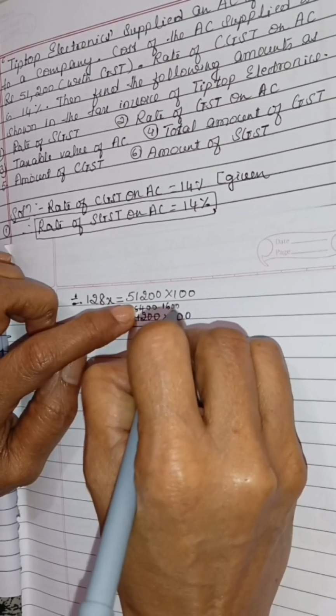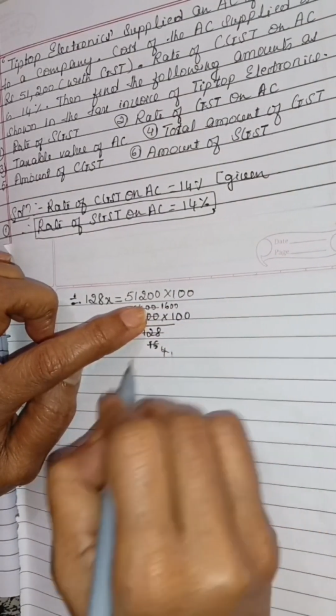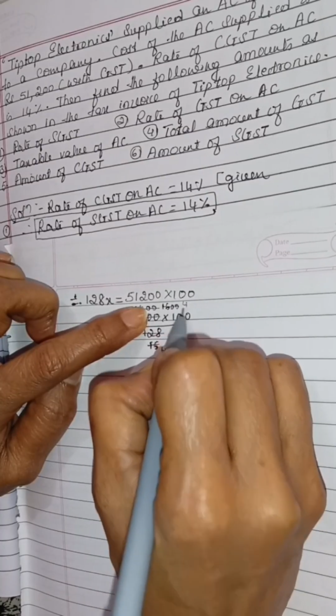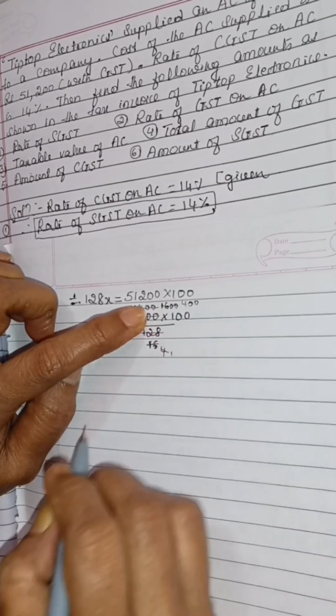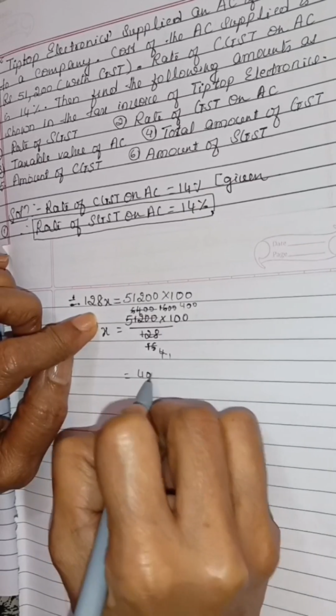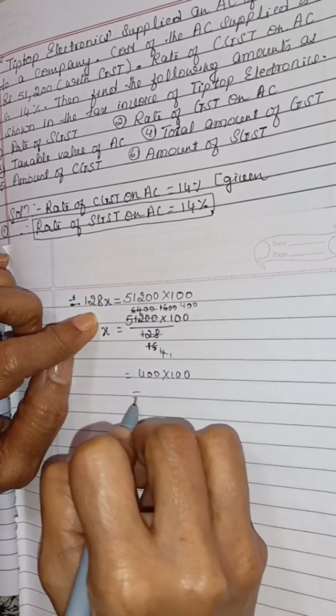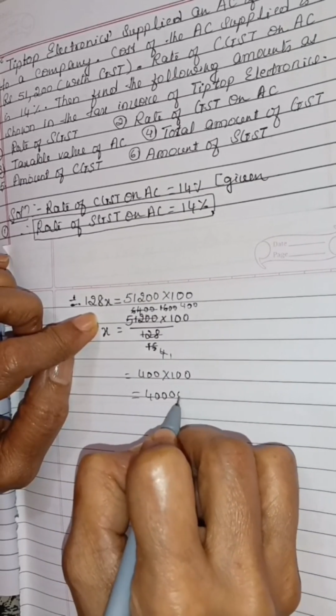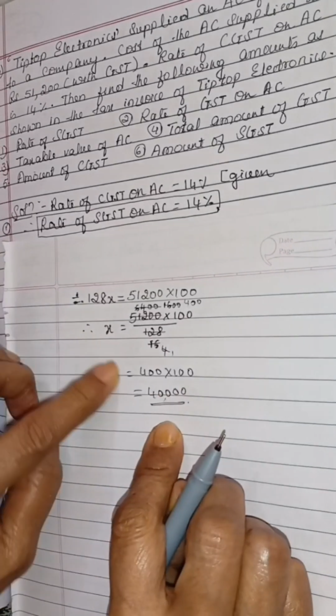Then 20 again. 4 fours are 16. So 400 multiplied by 100 is 40,000.